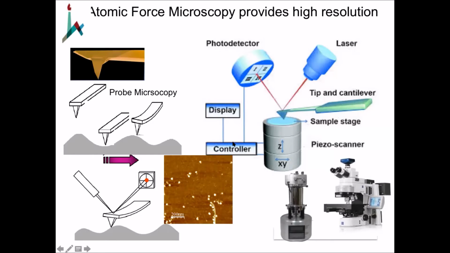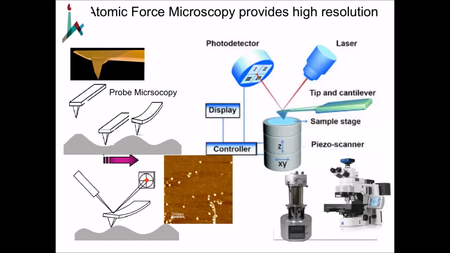And then you have these sent to a controller, which controls the high voltage on the piezo, and the piezo moves the sample up or down to bring the photodetector signal back to what it was. And how much the piezo was moved is your image.